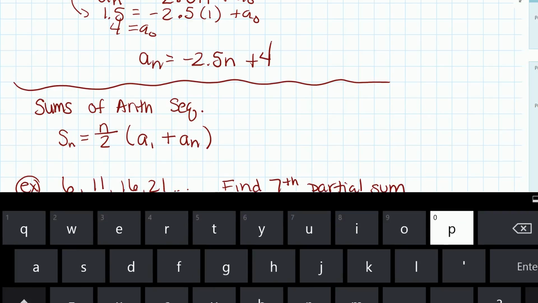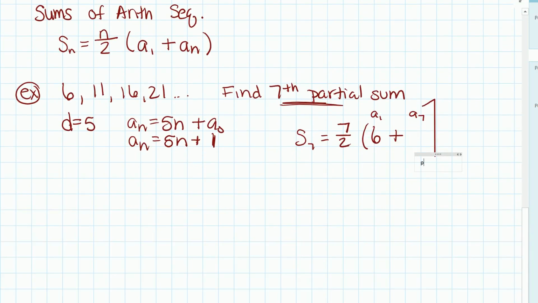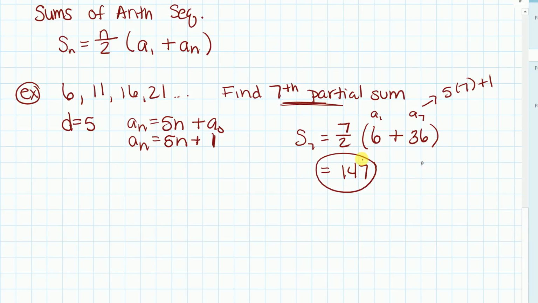To get that, we are going to go ahead and do 5 times 7 plus 1, which will give us 36 for the 7th term. So without having to actually find all 7 terms, we use this little shortcut. We just multiply that out in our calculator, and you get a sum of 147.